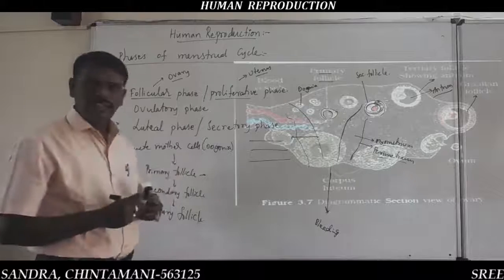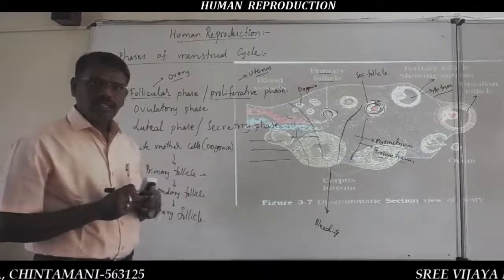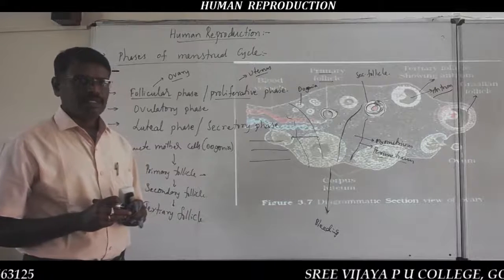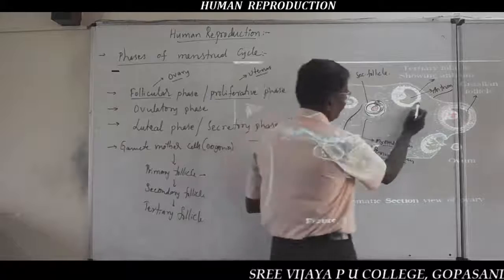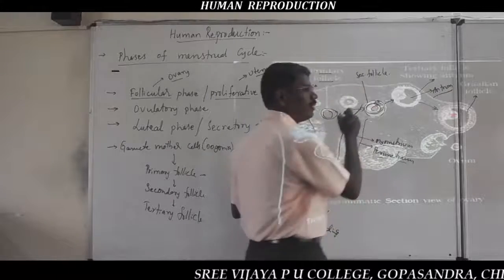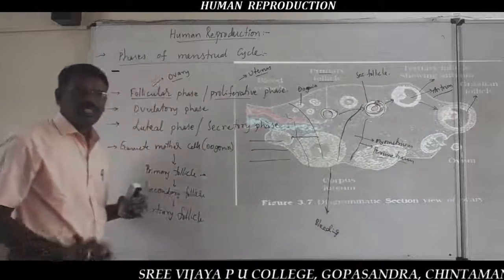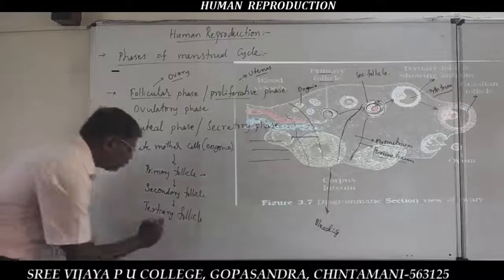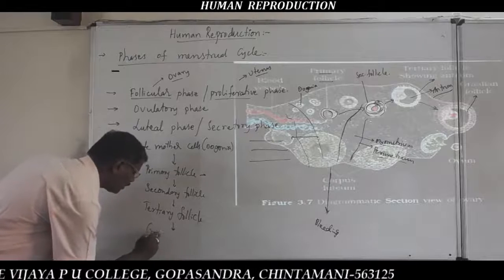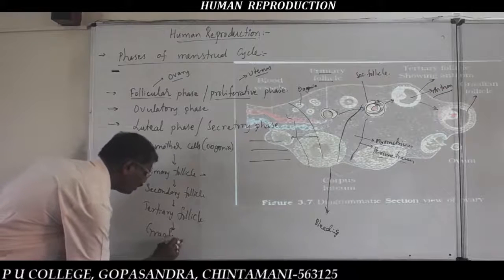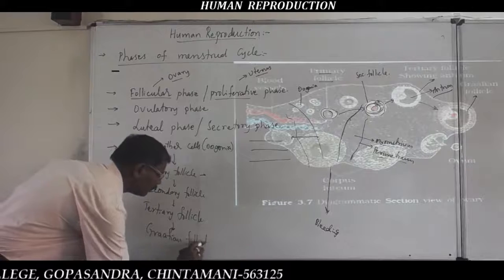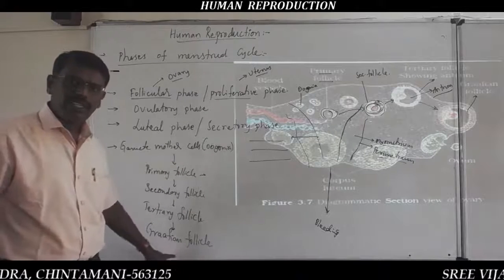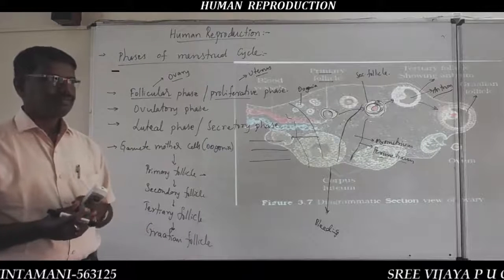The tertiary follicle is characterized by an antrum, that is a fluid-filled cavity. The tertiary follicle showing an antrum is its characteristic nature. After the tertiary follicle, it develops as the matured follicle, and the matured follicle is called the Graafian follicle.